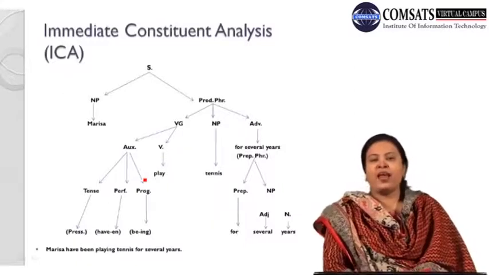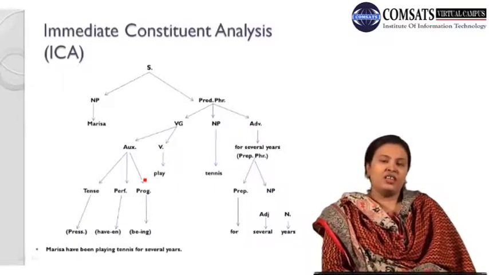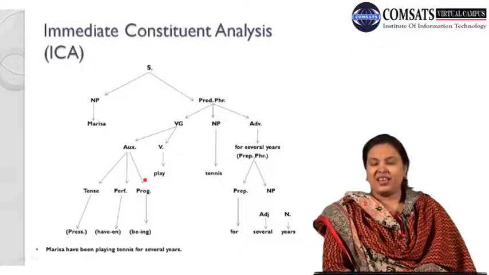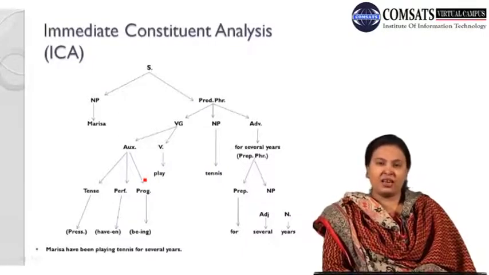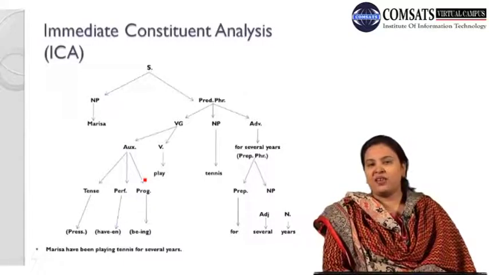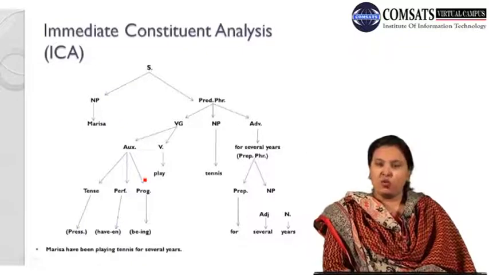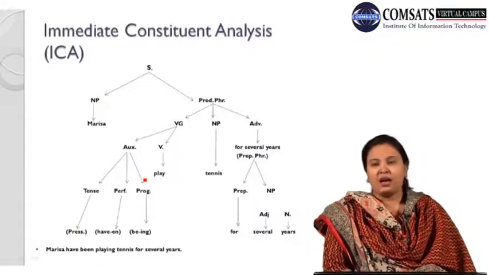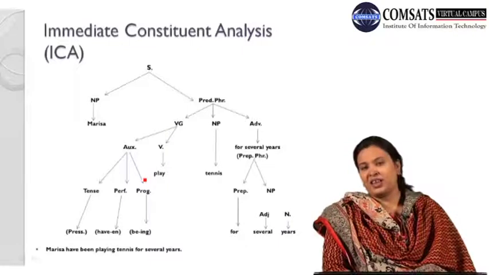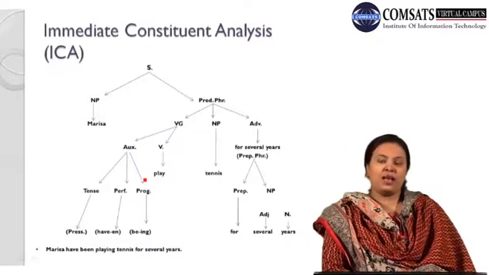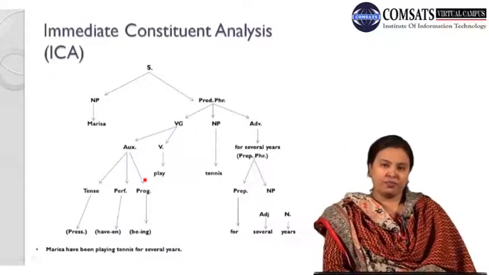Marisa have been playing tennis for several years. S, at the very first level, is divided into two parts: subject, that is noun phrase, Marisa, and predicate phrase, that is the second part, have been playing tennis for several years.